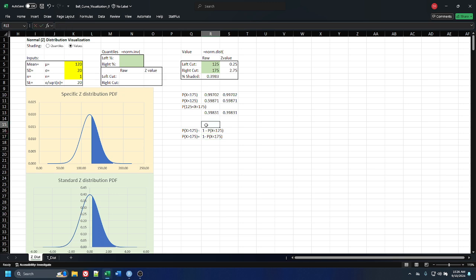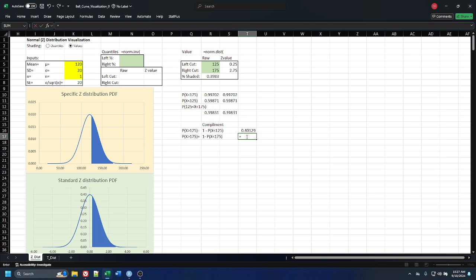We can do the same thing, 1 minus the probability of our random event being less than 175. This is what is called a complement. And we have to do this when we are using our norm.dist in order to find the area above a particular point. So we just say equals 1 minus, and we have these probabilities already. The probability of less than 125 is roughly 60%, so the probability of being greater than 125 is about 40%.